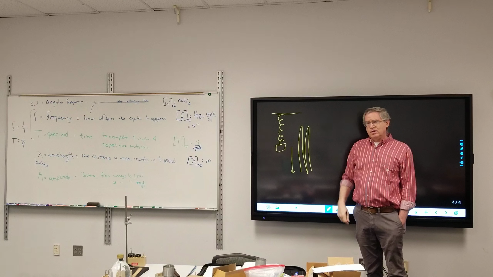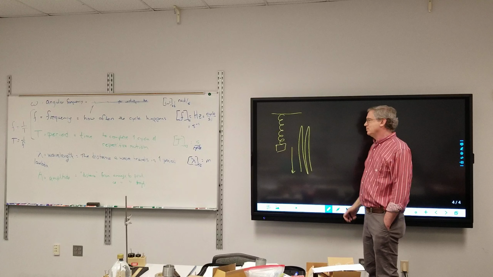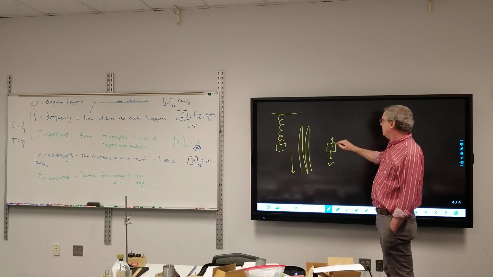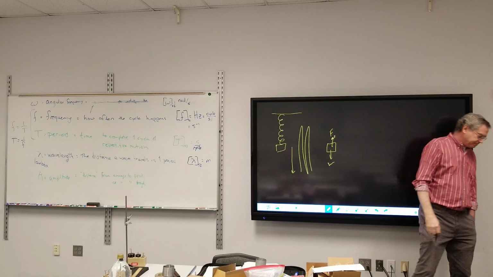Wouldn't you just have to change the positioning of the sine and cosine? Let's find out. So, force diagram, as usual, I have weight acting down, and I have the elastic force acting up.